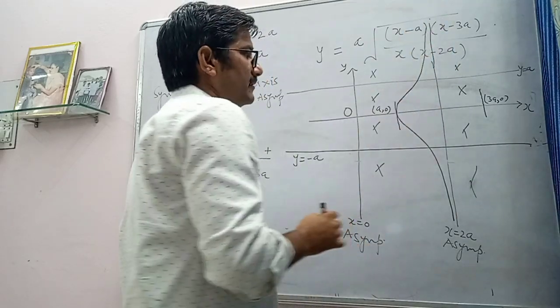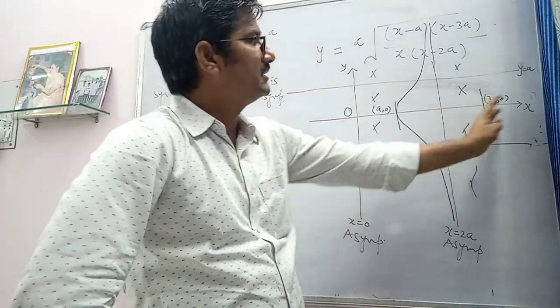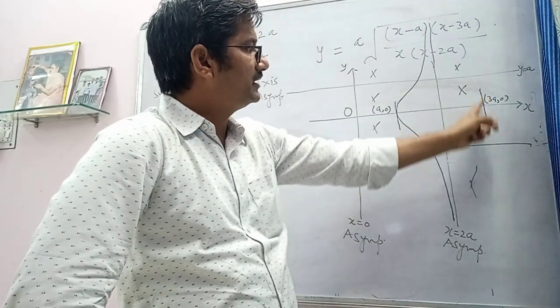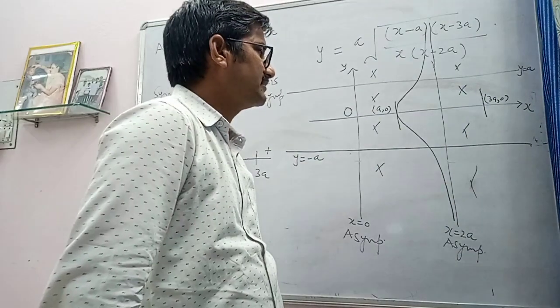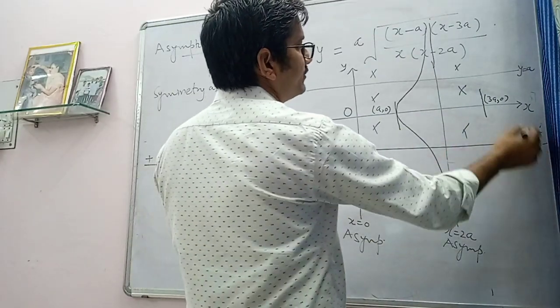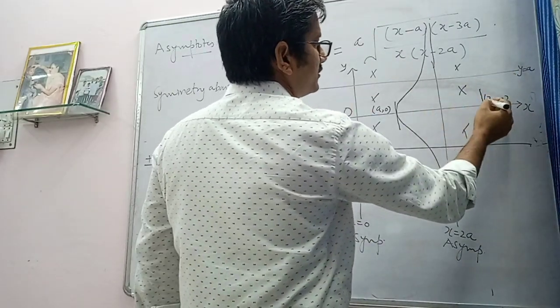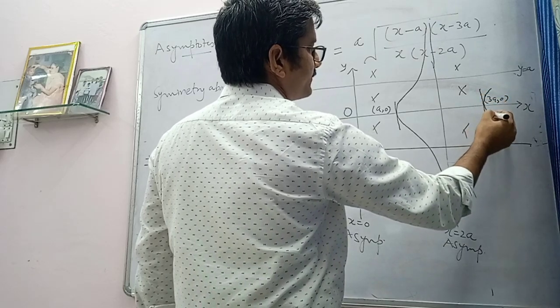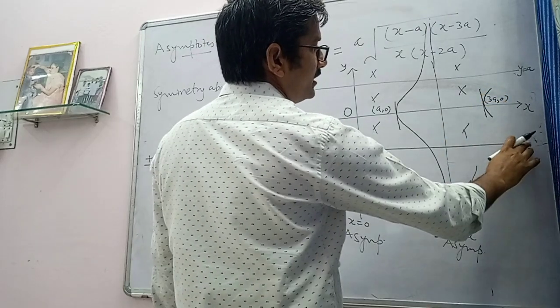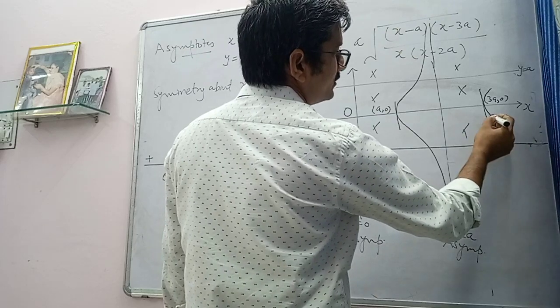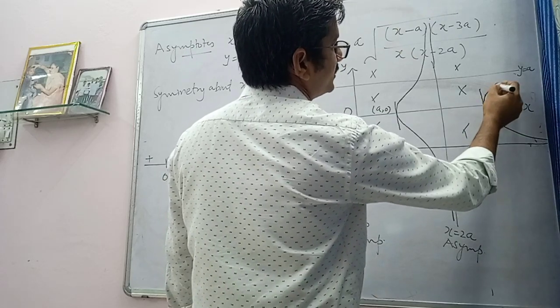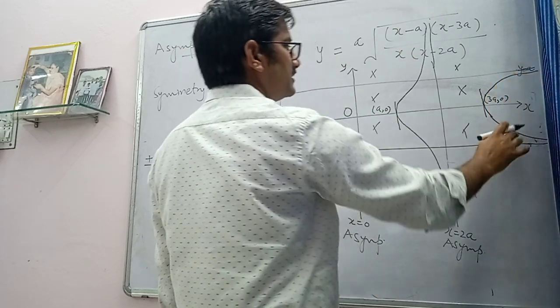Now we have to trace the curve on this side. This is the tangent perpendicular to the x-axis, and this line and this line are asymptotes. So the curve will be like this. The branch will move parallel to the asymptote, and due to symmetry about the x-axis we can draw here.